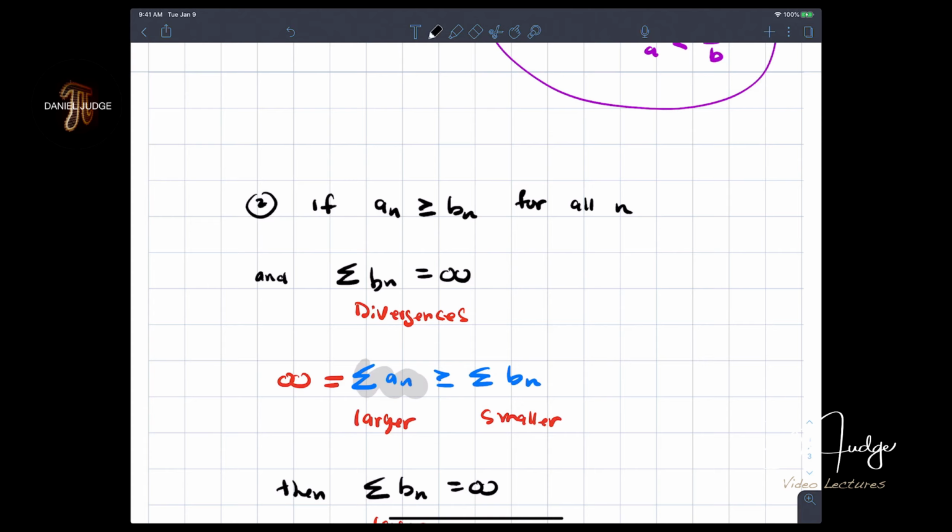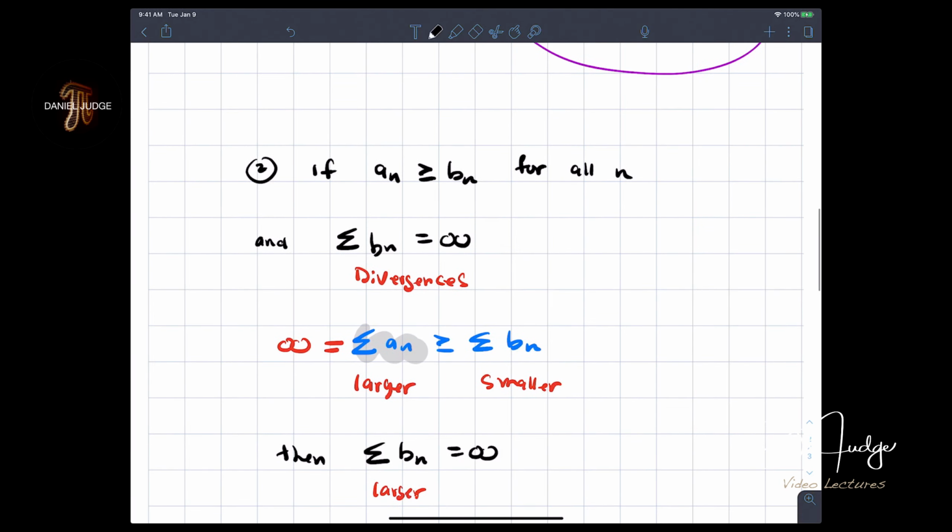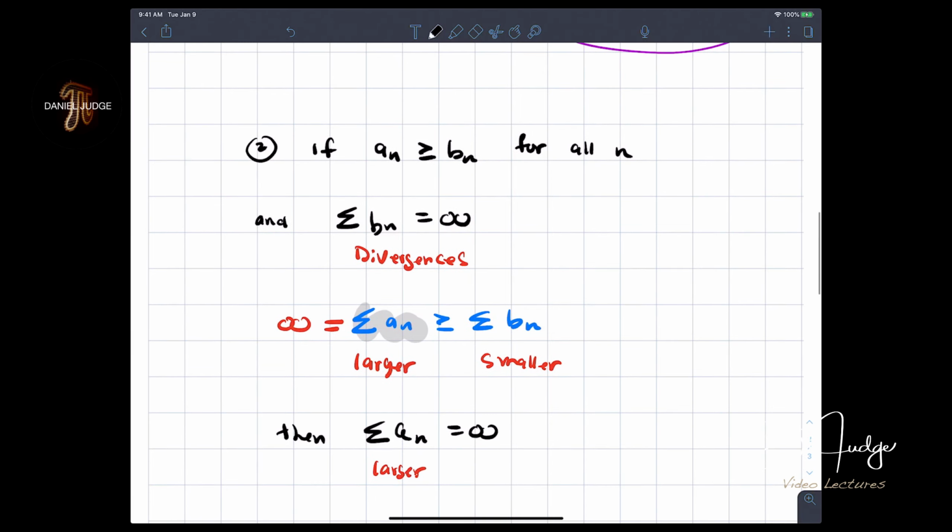If BN, I apologize here. Yeah, BN here is divergent. So let's double check. AN greater than BN for all n, then AN is, there we go. That was bothering me here. So let's make sure everything else is okay. So let's double check here.